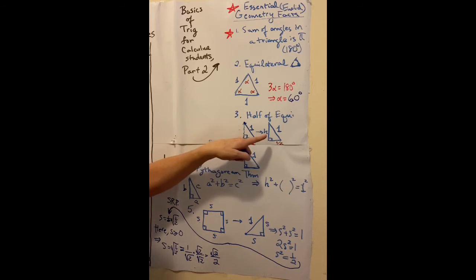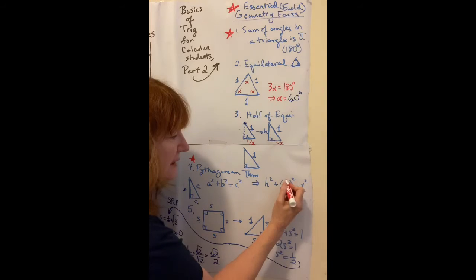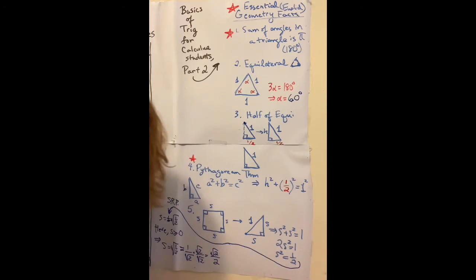So back to this example, we clearly have that h squared plus 1/2 squared has to be equal to 1. And now you have a quadratic equation to solve, which is why you have college algebra before you have trigonometry.